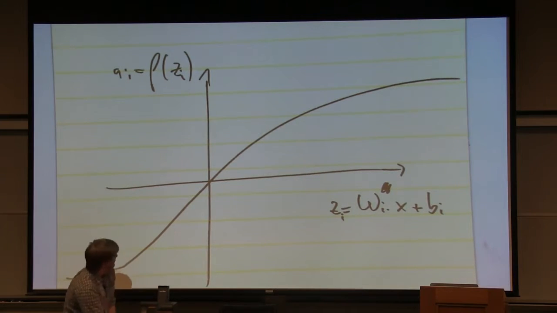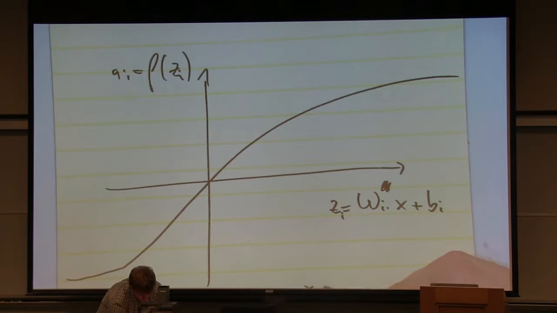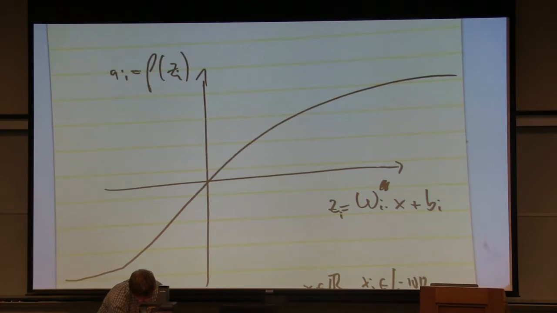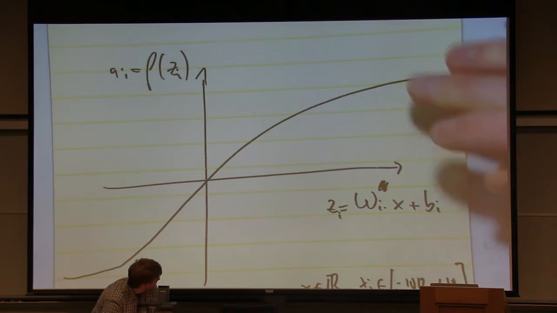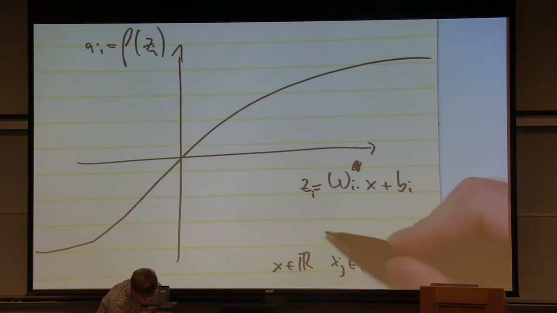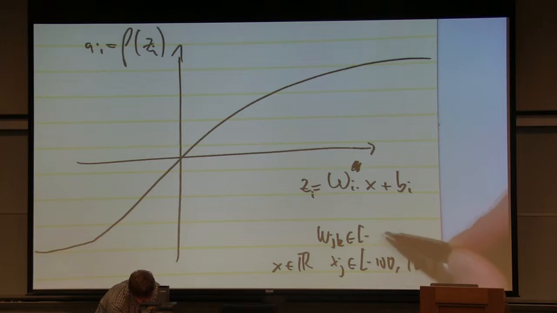Now, what happens if, let's say, your x numbers are all in the reals, and let's say each x_j is somewhere between minus 100 and 100. Can you slide the paper up a bit? Oh, thanks. And your W numbers, W_jk, are somewhere between, let's say, minus 1 and 1.